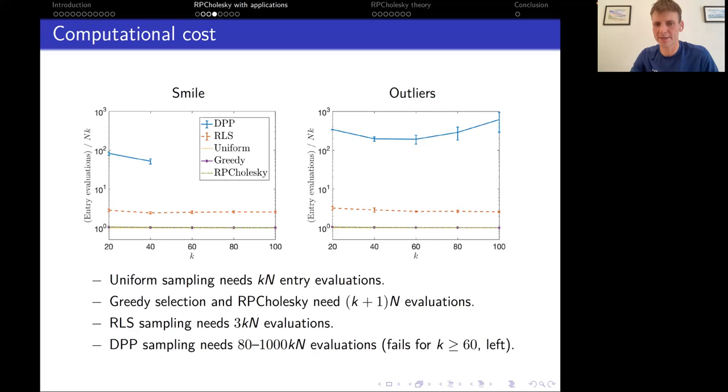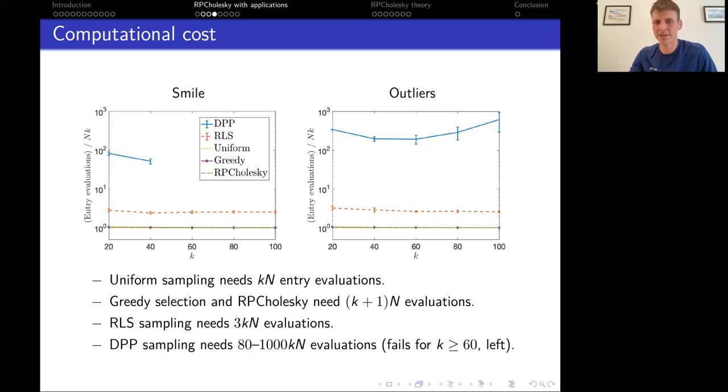When you run it in DPPy, it does not give you an answer. For the smiley data with k greater than or equal to 60, it returns an error that says cannot give you an approximation. Matrix is approximately low rank. So the code won't run.